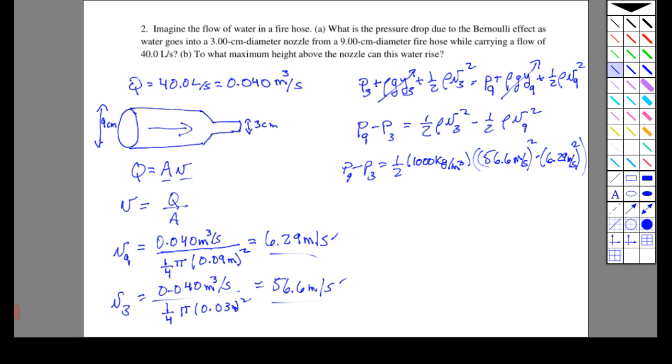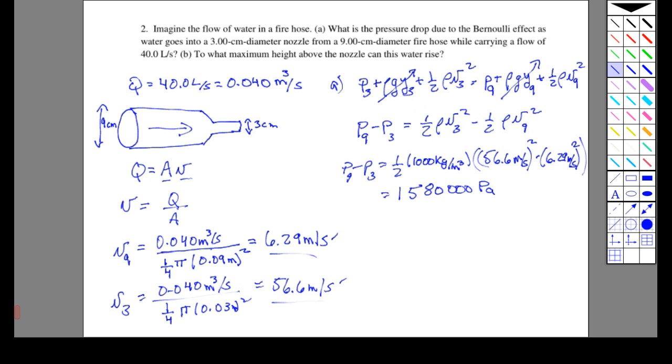Good. And this pressure difference is going to be, to 3 sig figs anyways, 1,580,000 pascals. Good. So that's the answer to A.